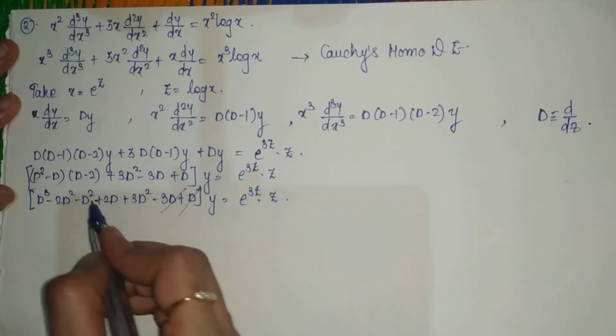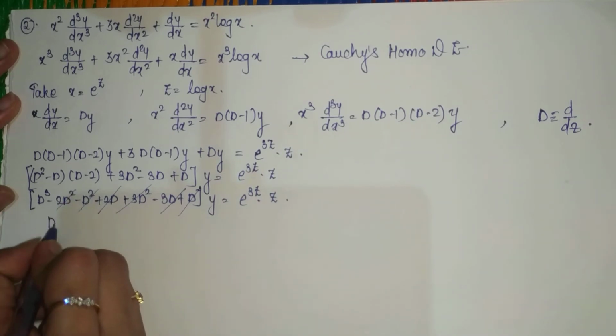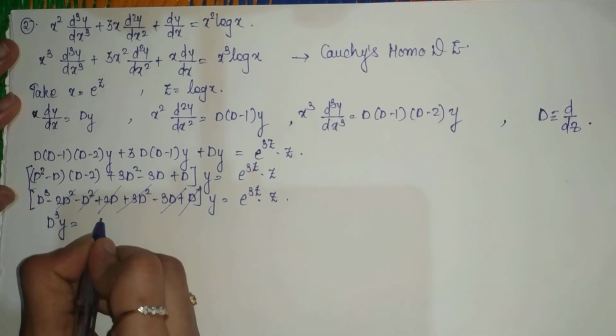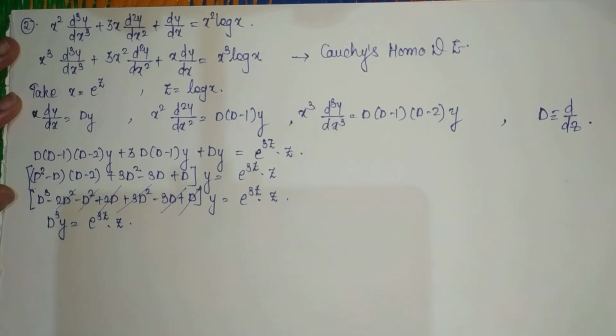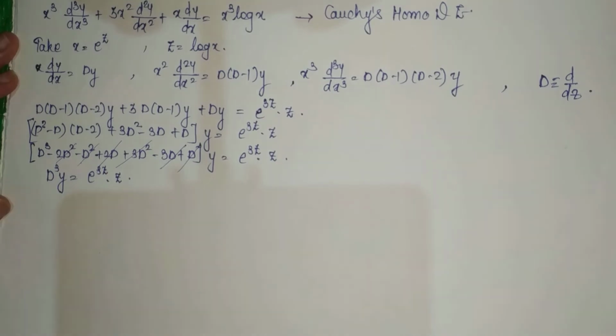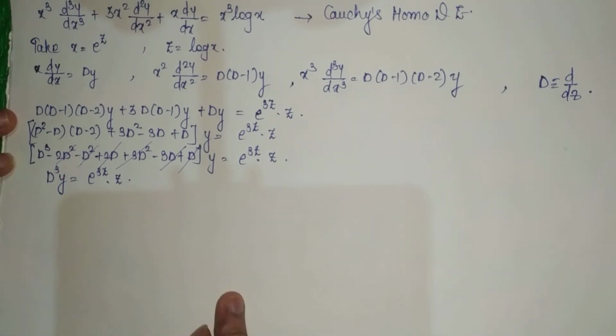Okay, so this is cancelled. This is also cancelled. So the remaining thing is D³ of y equals e^(3z) into z. Okay, so now you can solve this easily. This is our normal differential equation with constant coefficients.